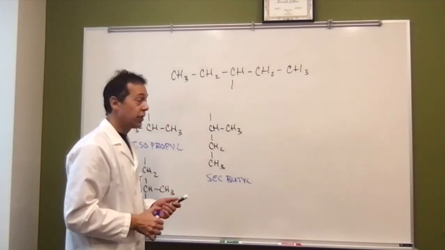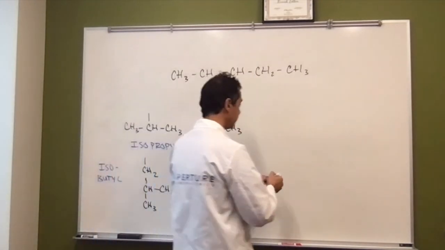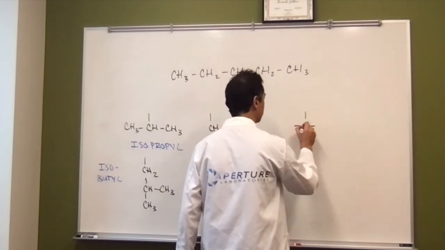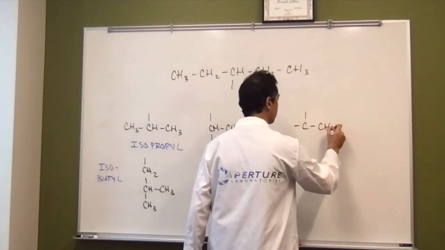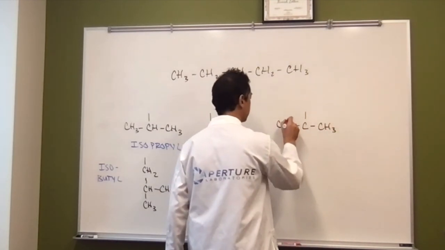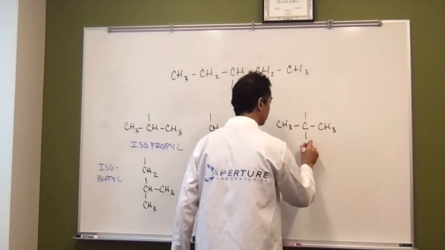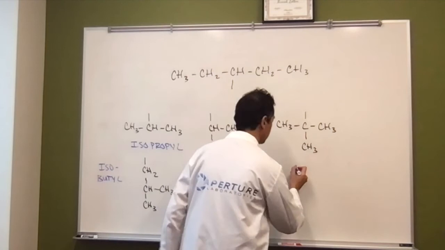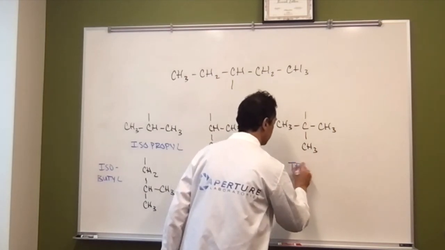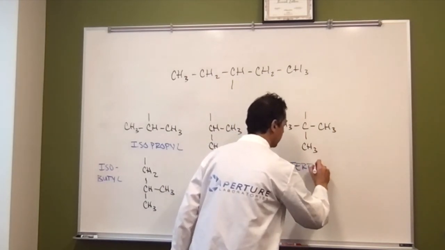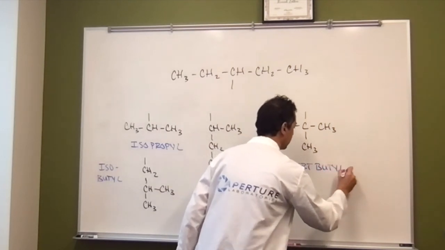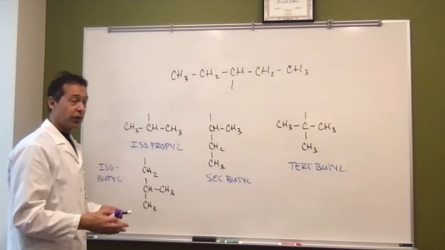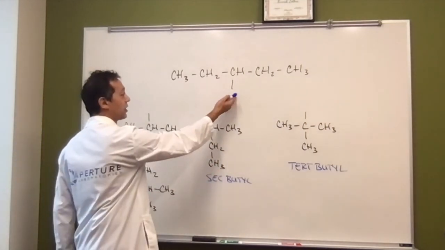And then lastly, tert-butyl. So these are all branched substituents that might be attached on like this.